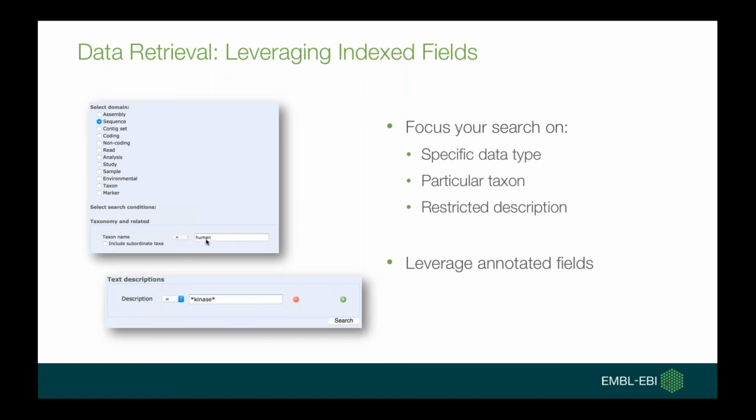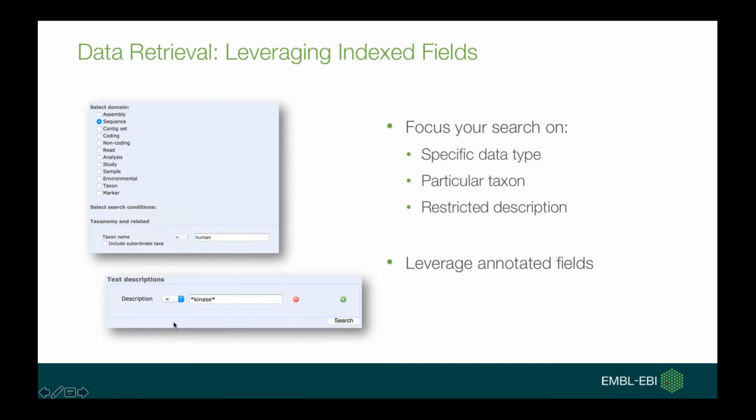The advantage of this is that whoever submitted the data that you turn up submitted it saying positively that this belongs to this taxon. So when you put human into this box, anything that turns up will be something that somebody has positively identified as originating in a human. It works with synonyms too, so it doesn't matter if you put human or Homo sapiens in here, you're going to get the same results.